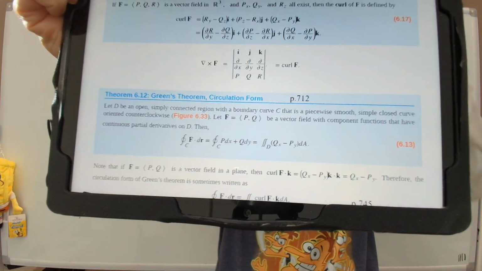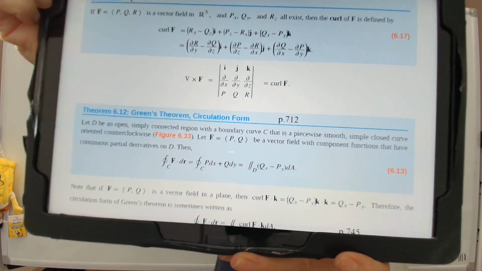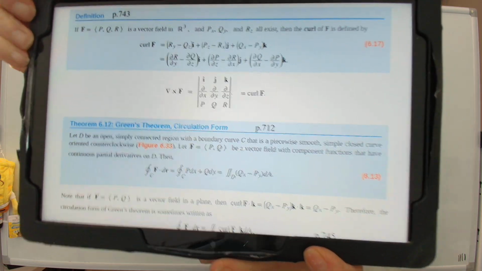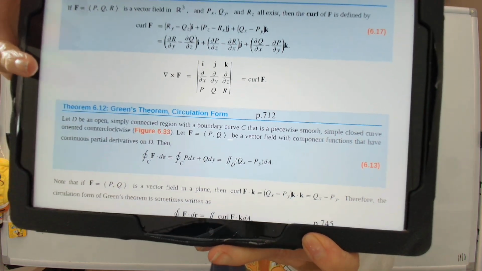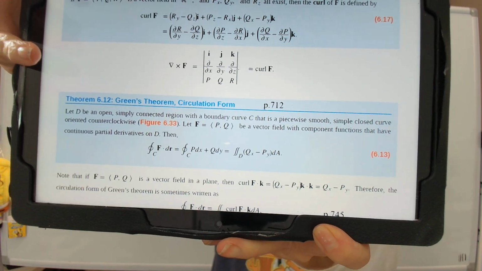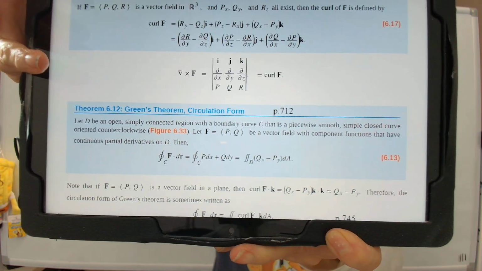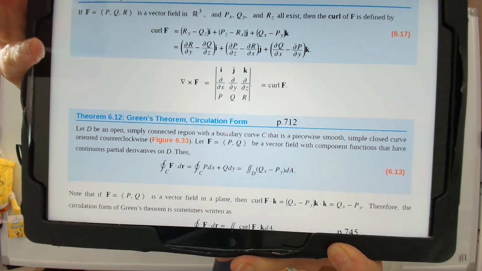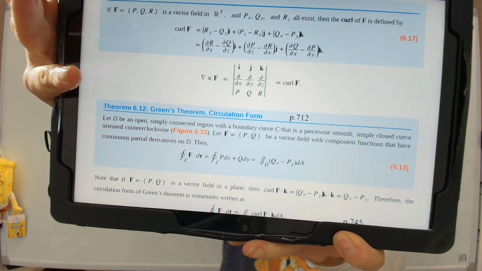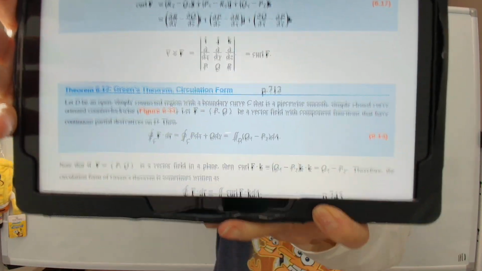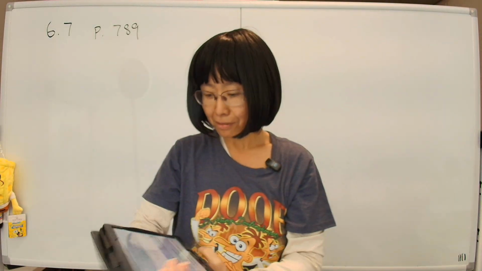Basically, it is del cross F. You use the determinant as a mnemonic device in order to remember the formula for the curl of F. So curl of F is a vector field. And now that we remember what that is, I want to remind you of some other stuff because we're going to need it for the proof of Stokes theorem.